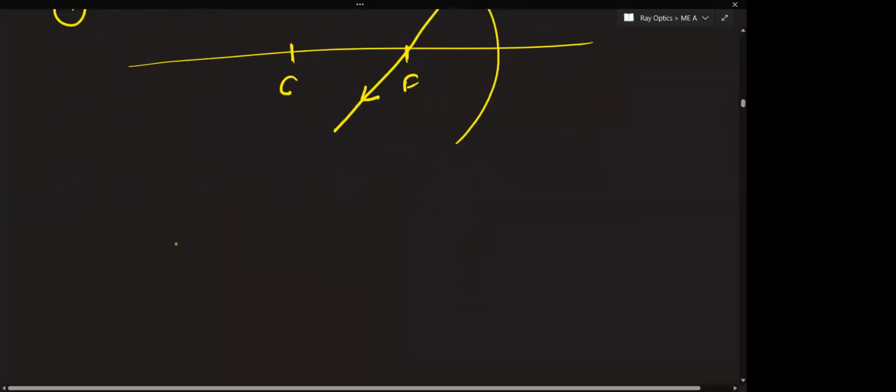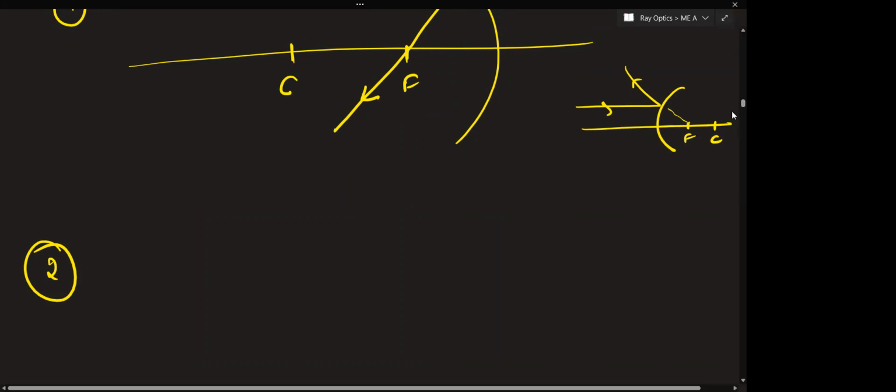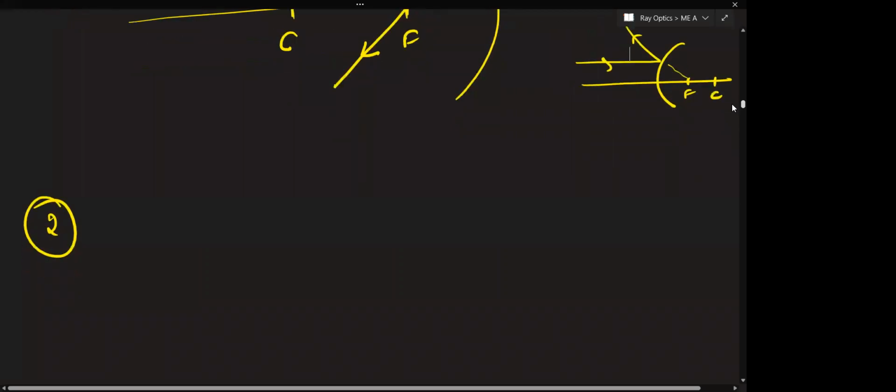Second point, reverse of this. Even this is valid for convex also. Even if a parallel ray is coming, this will be the focus of it, and this is the center of curvature. Convex we'll see later. Reverse will occur: a light ray that is passing through the focus will move parallel.